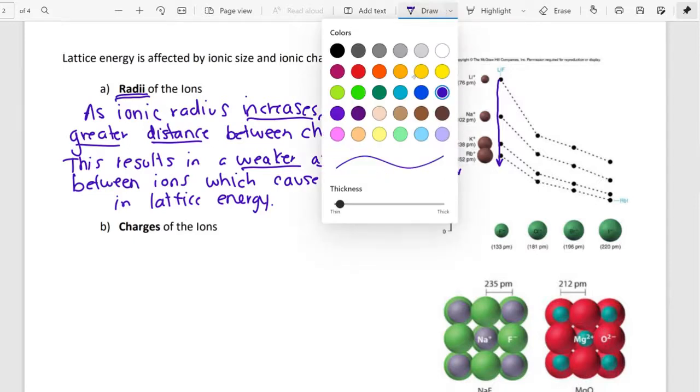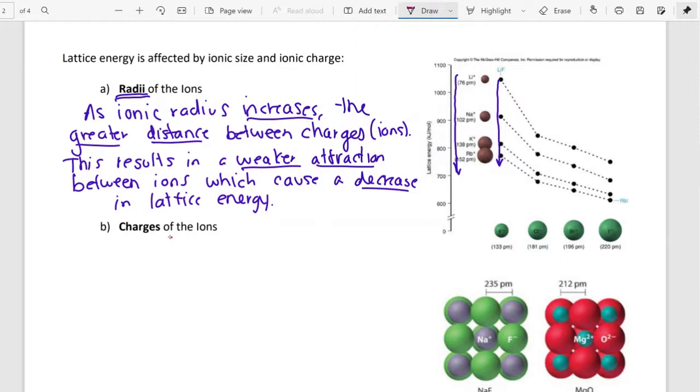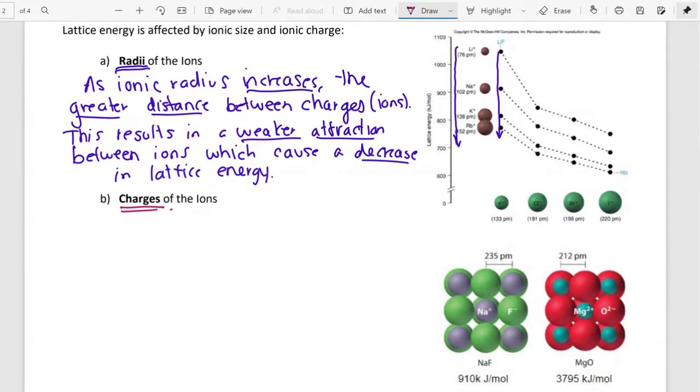The other big factor that we have to be concerned with is the charges of the ions. Really, this is the first thing I look at when I'm looking at ionic bonds in terms of determining the strength.